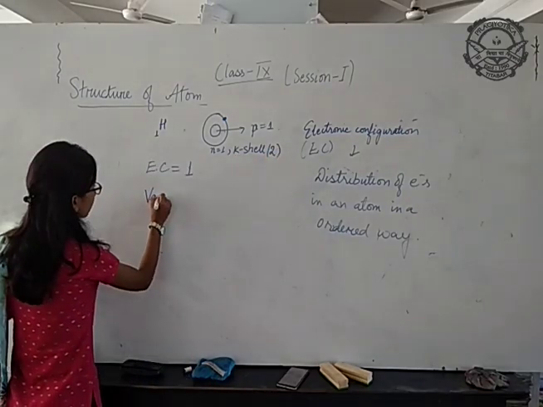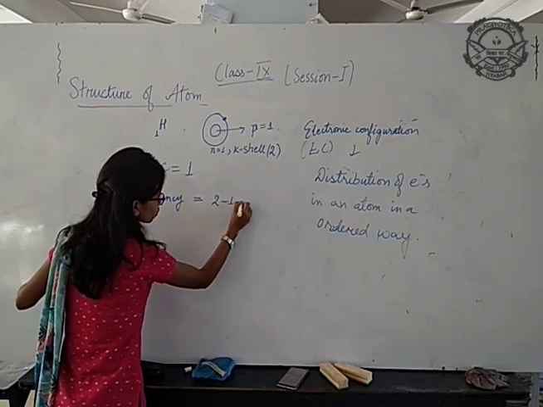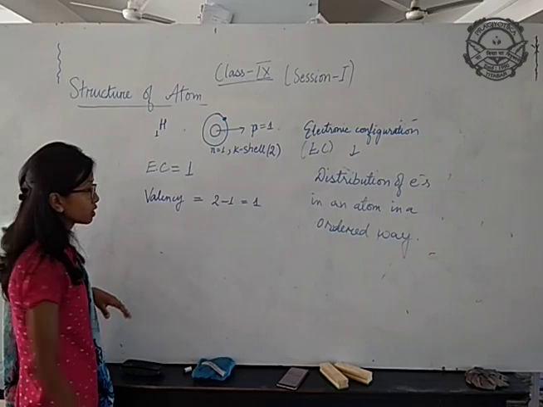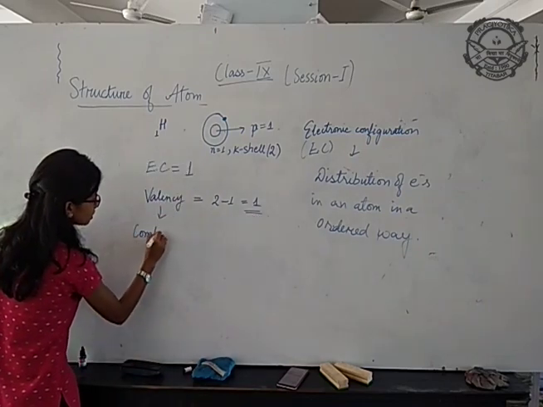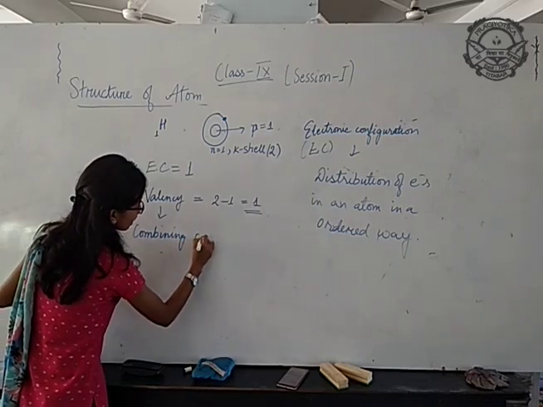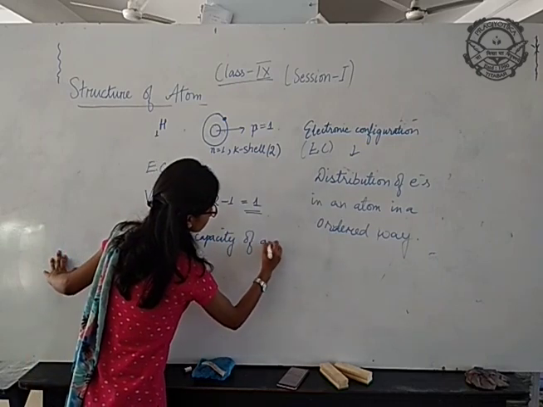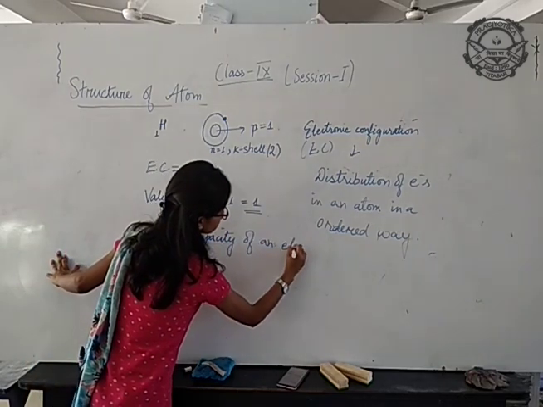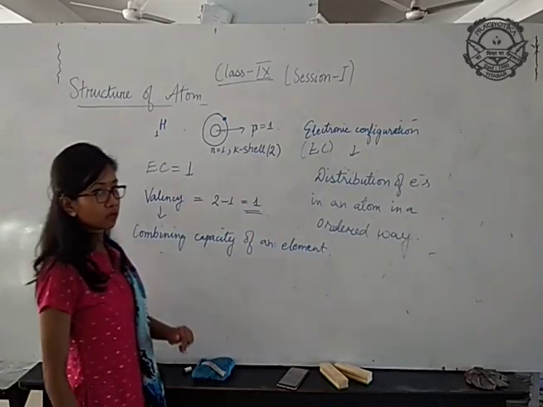Therefore the valency of hydrogen is equal to 2 minus 1, which is 1. And what is valency? It is the combining capacity of an element. This is known as the valency.